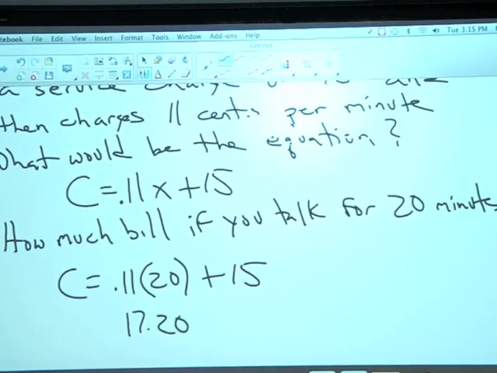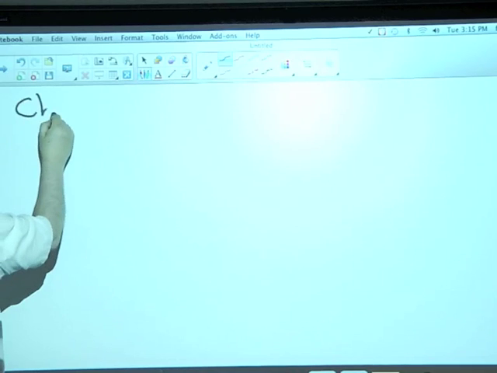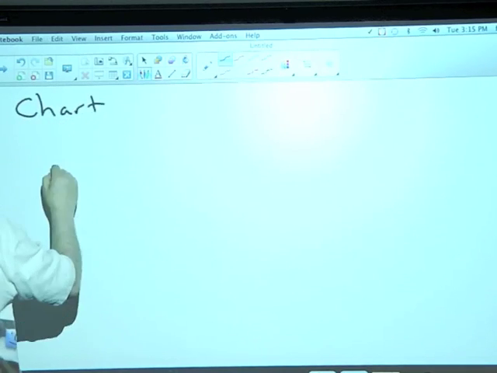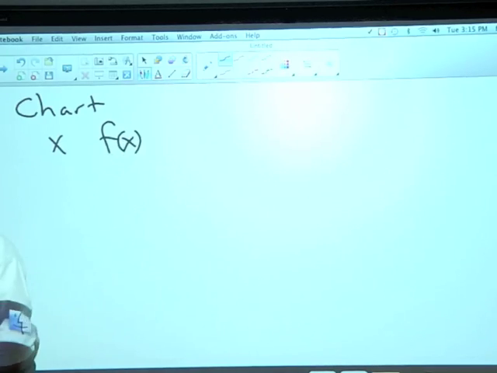Okay. All right. Other things you should be able to do in terms of the homework for this week. Other stuff they give you in the homework is something like this, where they give you this chart. So let's say this is x, this is f of x.